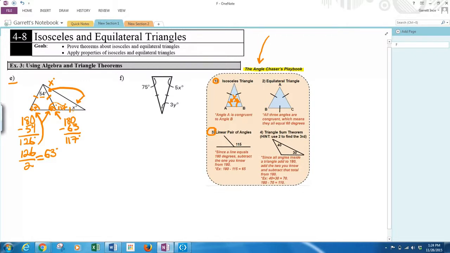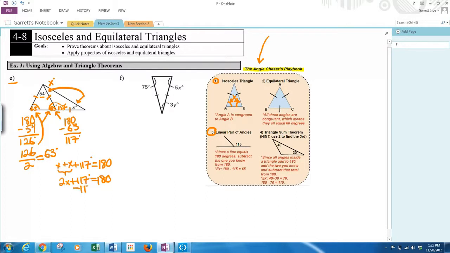What you could do, if you're a formula type of person, is you could tell yourself that x plus x plus the 117 degrees, those three angles together all equal 180. And now you just kind of have an algebraic equation that you can solve. You've got some like terms here that could combine to make 2x plus 117 degrees is equal to 180. And now you're just 2 steps away.